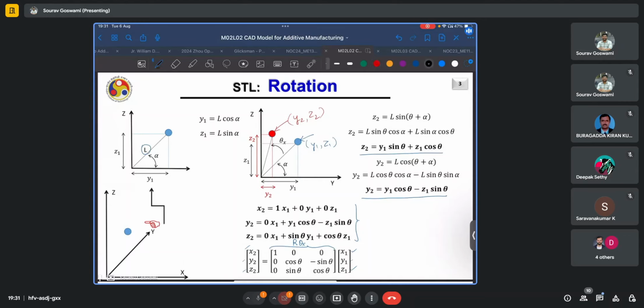And the way to look at it is, say, about the z-axis, you have a rotation by theta.